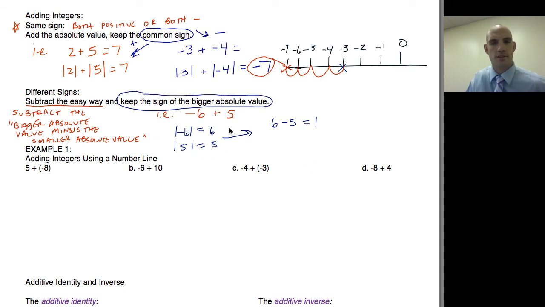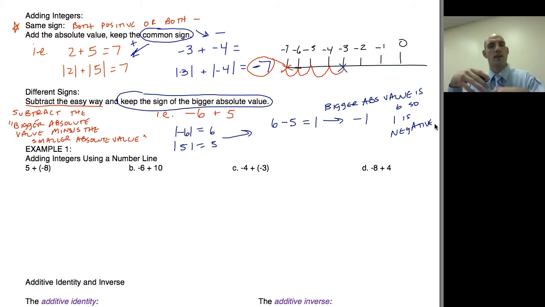Well, the bigger absolute value is 6, so I'm going to have a -1 because the bigger absolute value is 6, so 1 is negative. All right, so that's how this works. You keep the sign of the bigger absolute value.